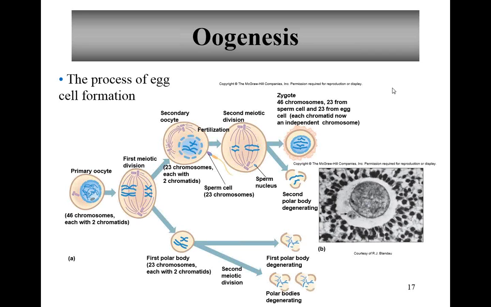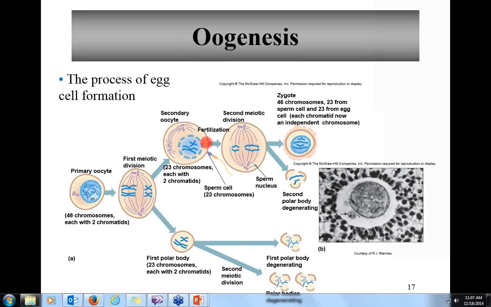Here's your primary oocyte. It's got 46 chromosomes. It undergoes the first meiotic division, and you get a secondary oocyte, okay? And then you get what's called a polar body.